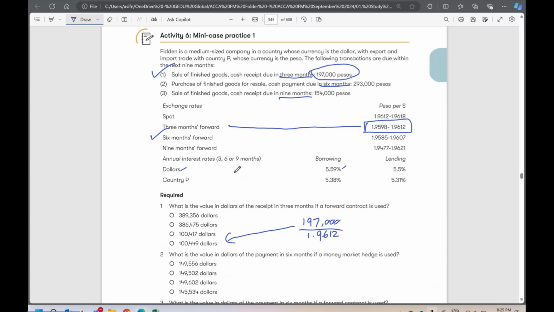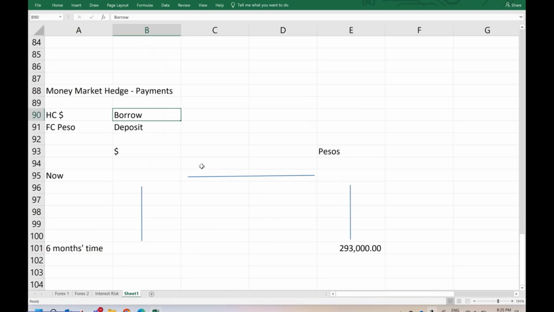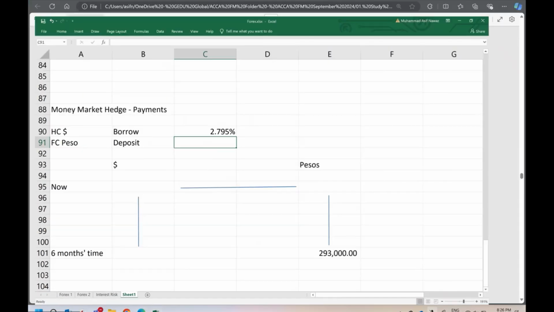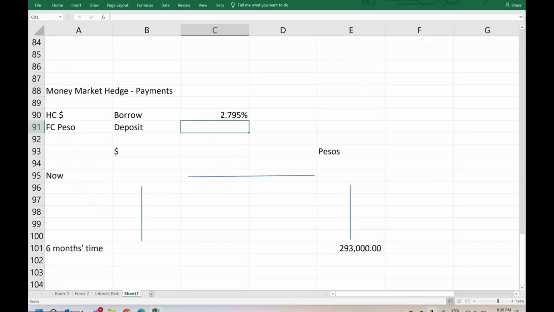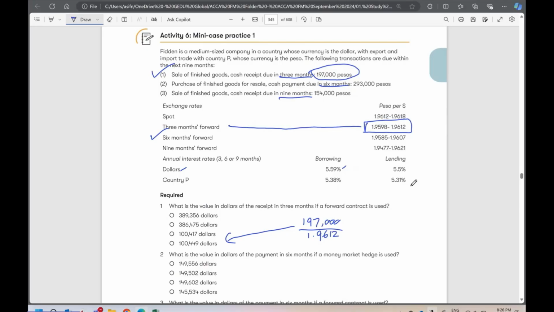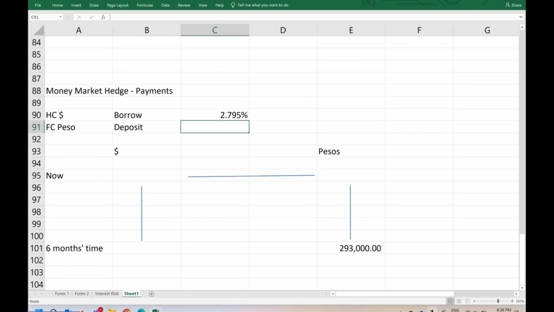This is the annual one, so we multiply by 6 over 12. 5.59 divided by 2, you can do this, gives 2.795%. And the peso deposit rate is 5.31, I mean the country P deposit rate, 5.31.